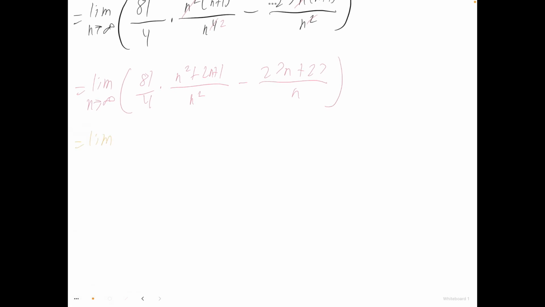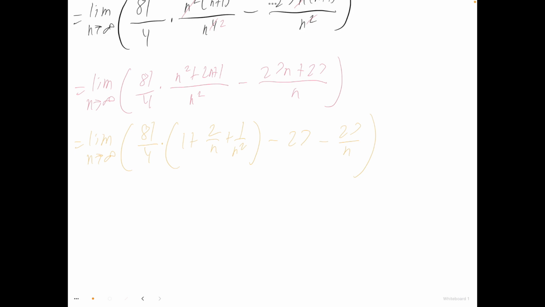So we have the limit as n goes to infinity of 81 over 4 times 1 plus 2 over n plus 1 over n squared, minus 27 minus 27 over n. So I distributed the negative through there.